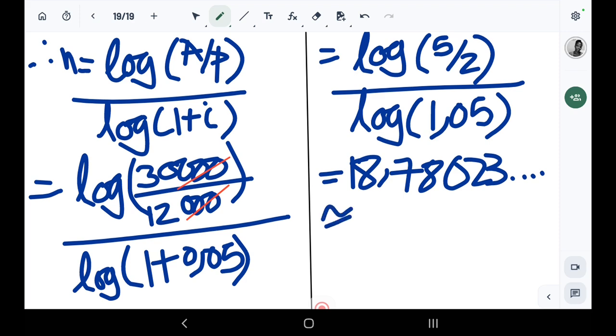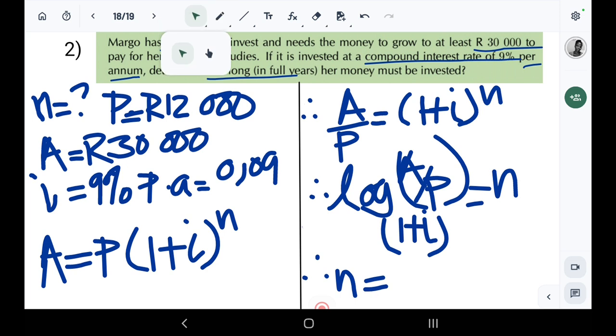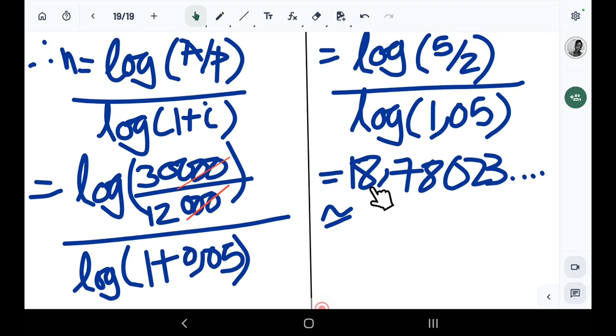Remember, the question says determine how long in full years her money must be invested. At 18 years, it's not yet 30,000. Only at 19 years will it be at least 30,000 in full years. So that is approximately 19 years.